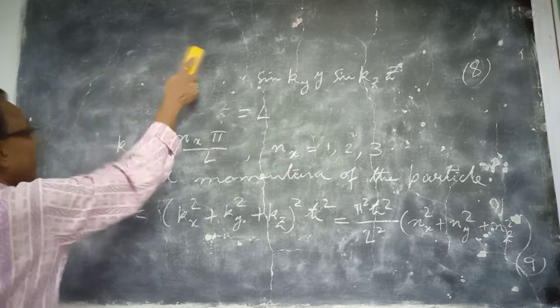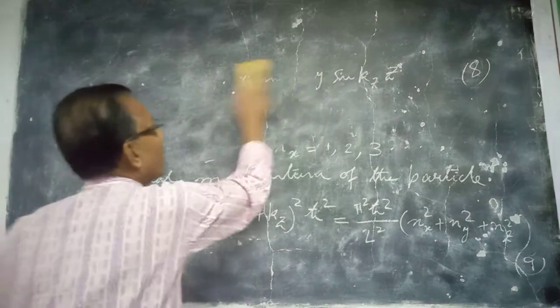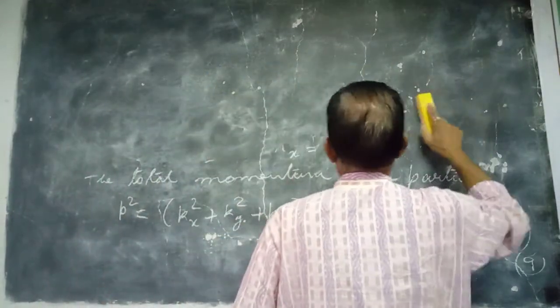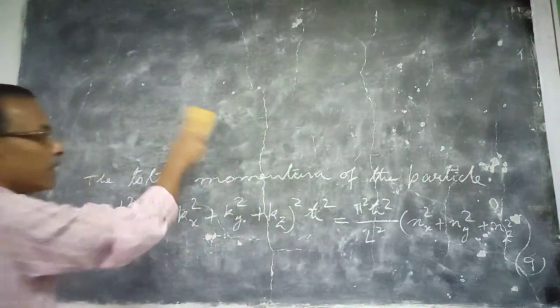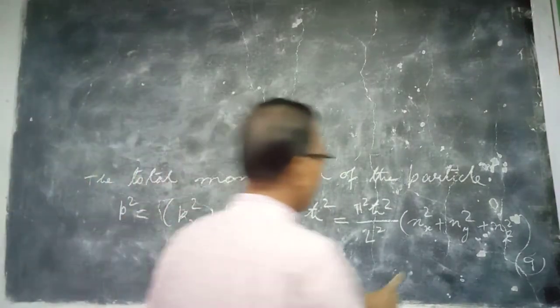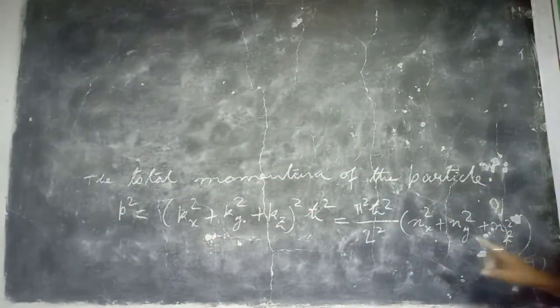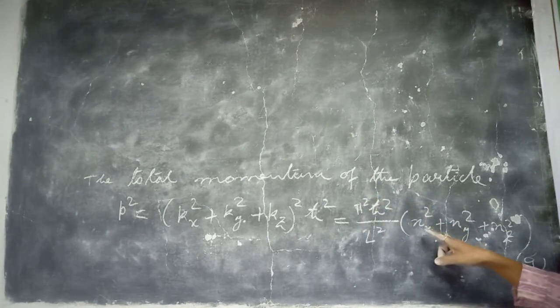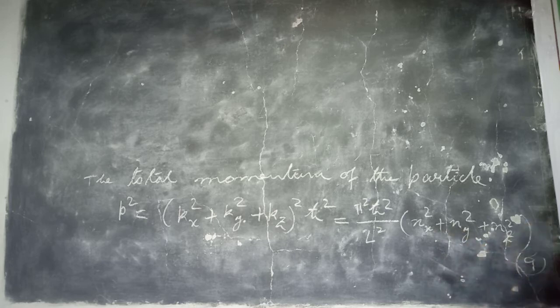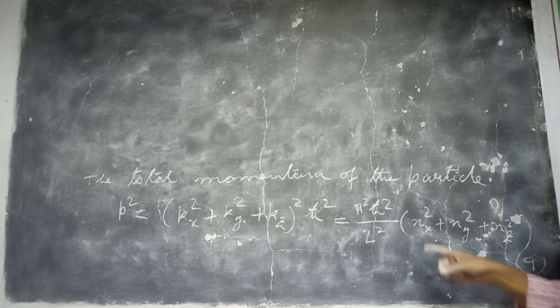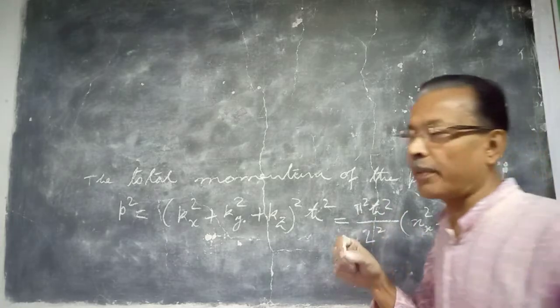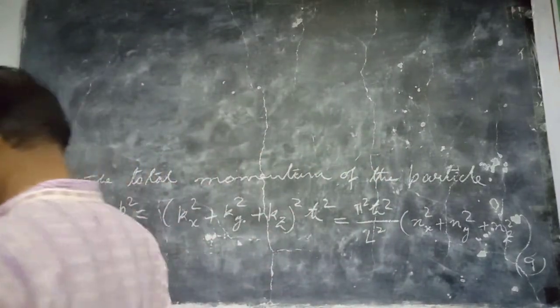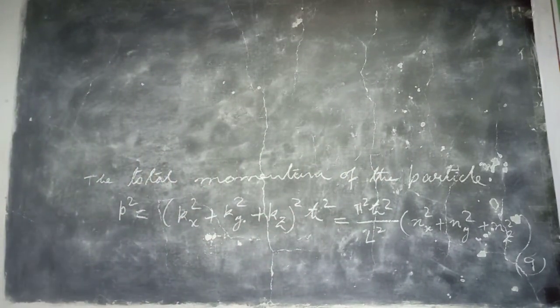This gives the maximum momentum of the particle. Each value of nx, ny and nz represents a state of the particle. Suppose nx is equal to 1, ny is 2, nz is 3, then it is a state. If nx is equal to 1 and another is 2, this is another state. So different values of n represent different states of the particle.